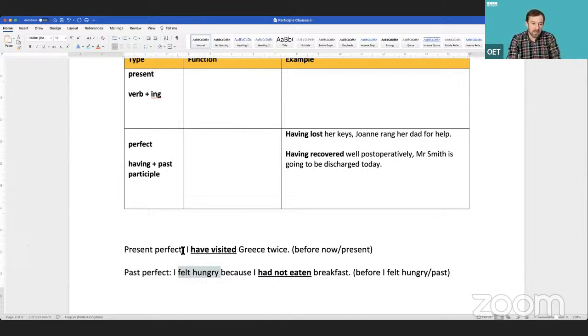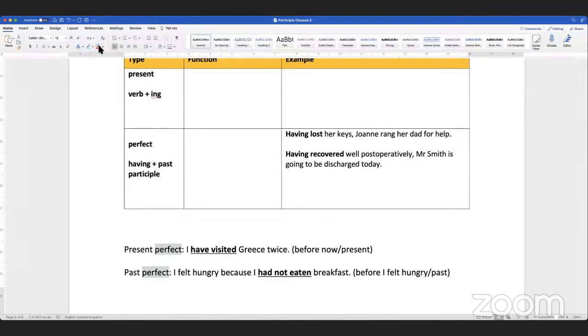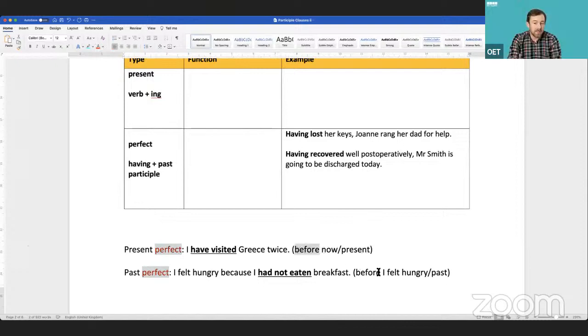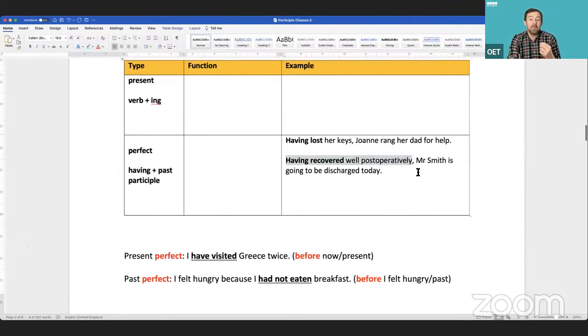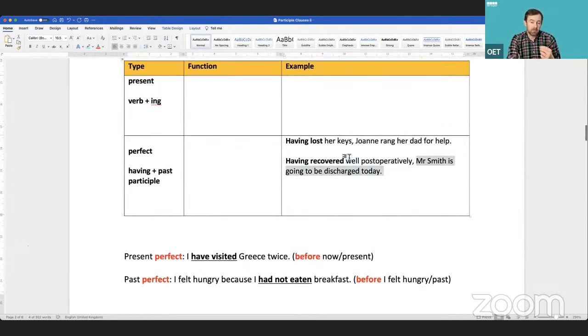So in both of these cases, the word perfect means before. Before. That's what the word perfect means. So think of it like that.